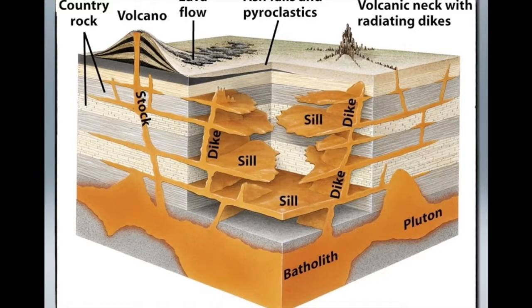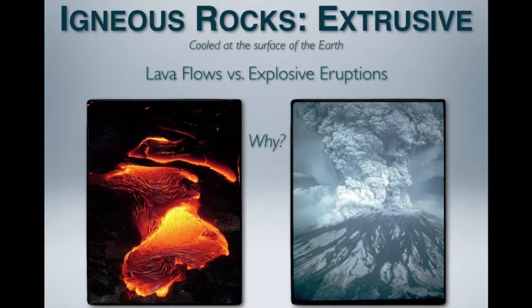So it's one of the features that gets left behind and can be exposed at the surface because of erosion of that volcano. Now, sometimes these batholiths, plutons, sills, and dikes get exposed at the surface through erosional properties and uplift of the continental crust. So that would be our intrusives, the ones that are forming inside the Earth.